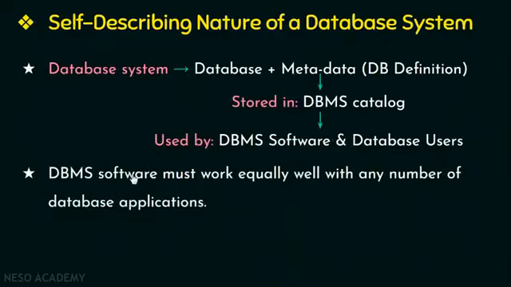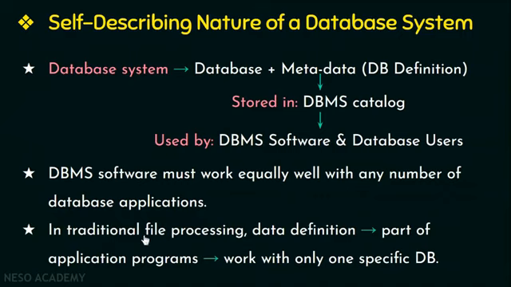Now the next point is DBMS software must work equally well with any number of database applications. We can have any number of database applications like, for example, a university database, a library database, or a banking database. As long as the database definition or the metadata is stored in the catalog, DBMS software has to work efficiently or equally well with any number of database applications.